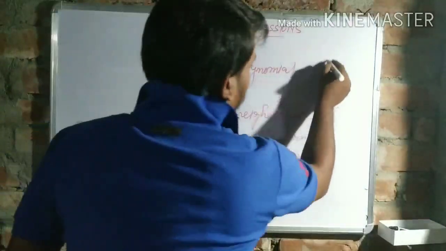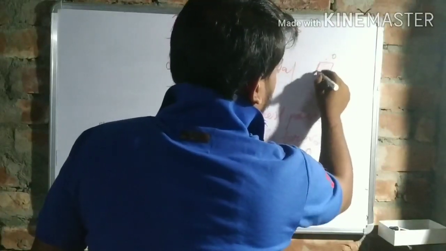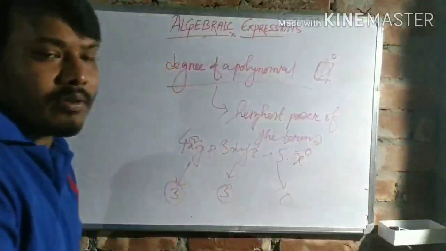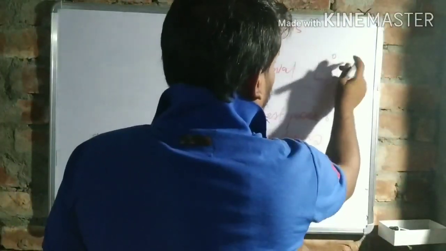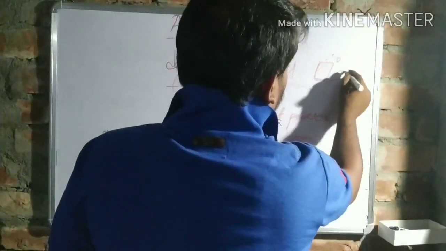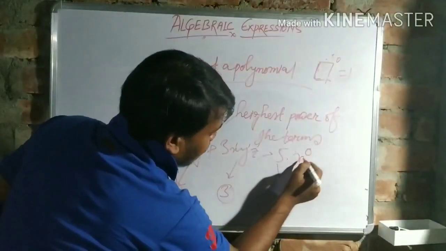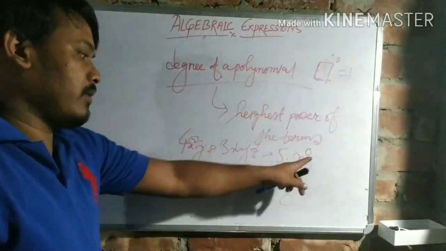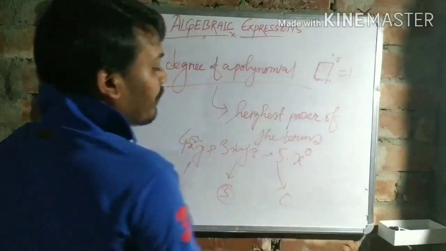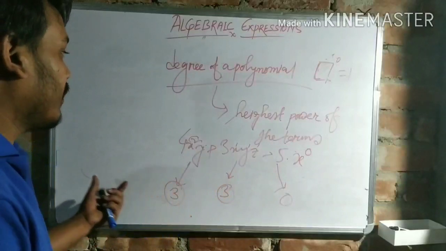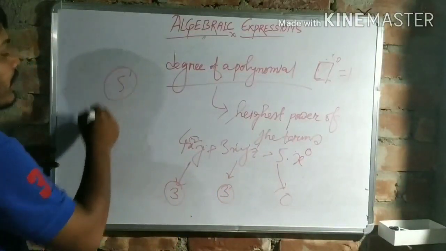If the power of something is 0, the value is 1, except 0 to the power 0, which is not defined, undefined. So 5 into x to the power 0. So the power of a constant term is 0, or degree of a constant term is 0.